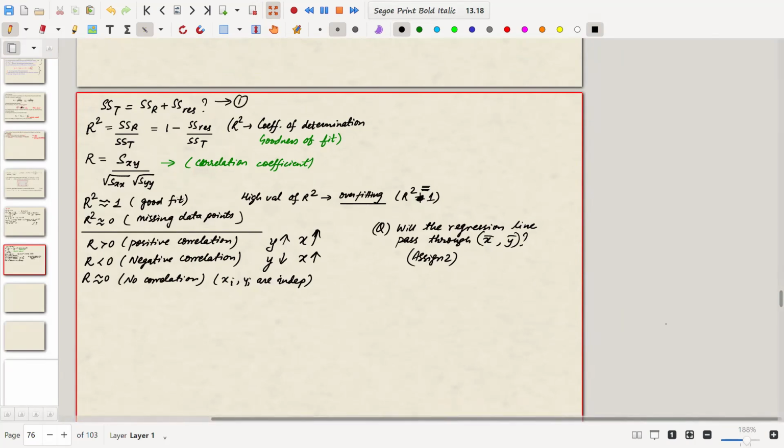Or is it okay? My plan was to derive this SST, SSR, SSRES based on Yi bar and all those things, and then tell you that after you take the division of SSR and SST, it is R2. What is SSR? Tell me the formula.